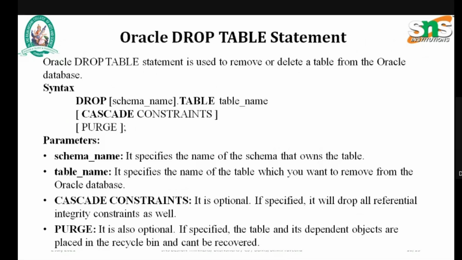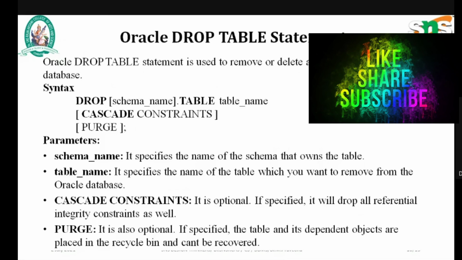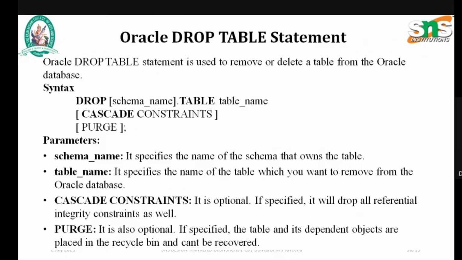Cascade constraints is optional. If specified, it will drop all referential integrity constraints. All the references to the table will be deleted. Next, purge. It is also optional. If we specify it, the table and its dependent objects are not placed in the recycle bin and can't be recovered.